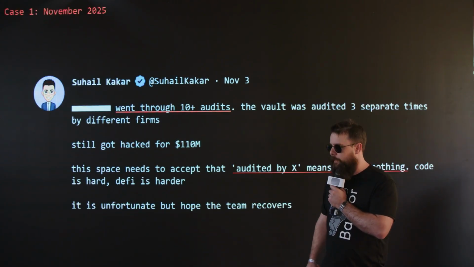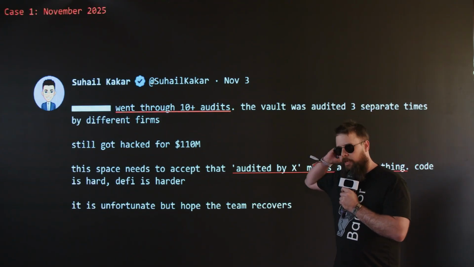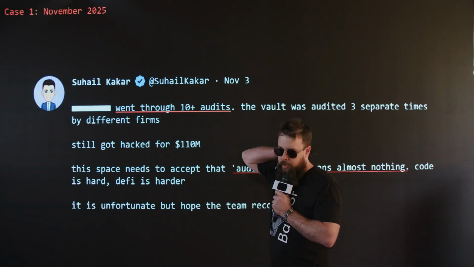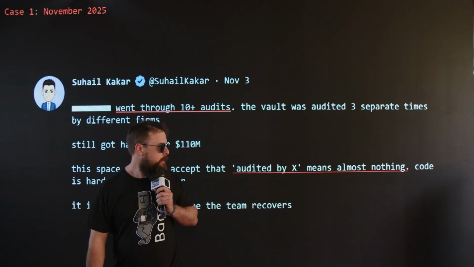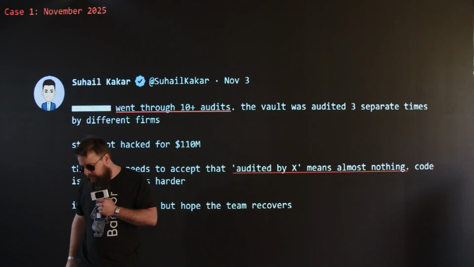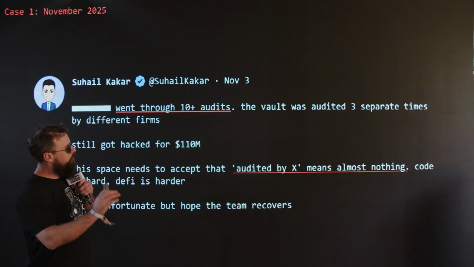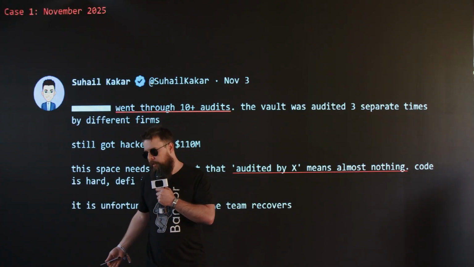Just recently, I pulled this from Twitter as I was preparing these slides. There was a very old, very well-known decentralized exchange that was exploited for about $110 million. I want to point out that one of the critiques this particular Twitter user has brought is that "audited by such and such" doesn't really mean anything anymore.